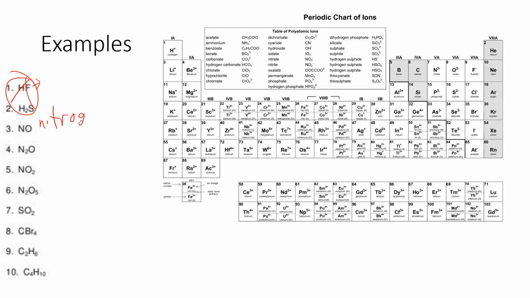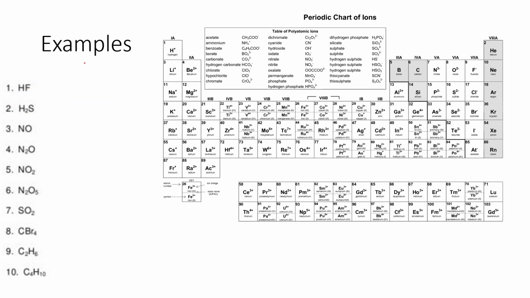This is called nitrogen monoxide. You might be wondering why no mono on the first element. One exception is that if the first element has only 1 atom, then you don't write the mono. So if we have CO2, we don't call this monocarbon dioxide.